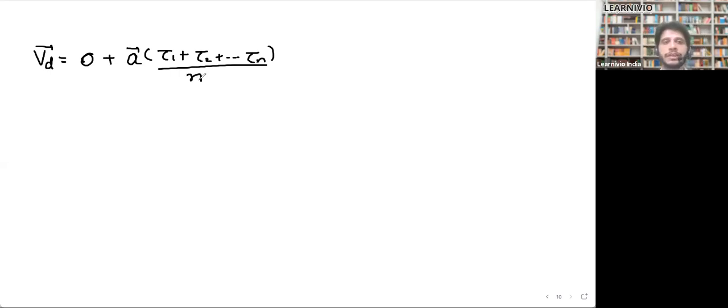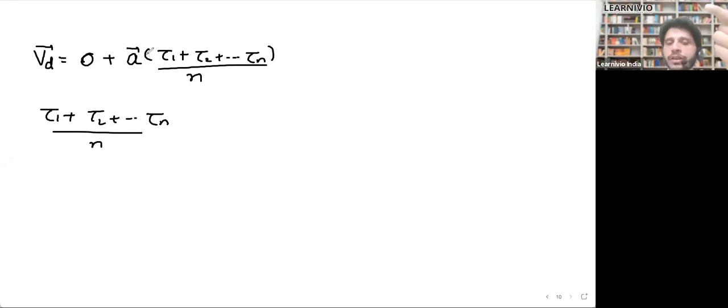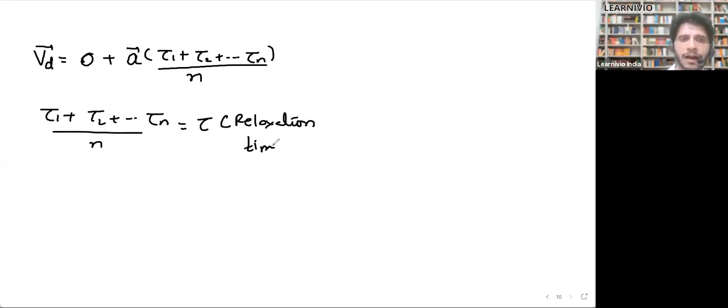Now this tau1, tau2, tau n is the time taken by an electron between two successive collisions. Tau1 is the time taken by the first electron for two collisions. Tau2 is the time taken by the second electron for two collisions. This average is represented by tau, which we call relaxation time. I'm defining relaxation time: this is the average time for collision. Tau1, tau2, tau n are individual times for collision of individual electrons, but this is the average for all electrons.